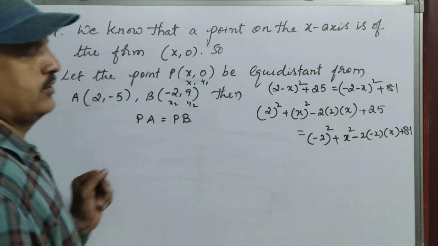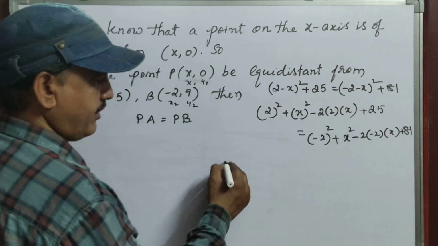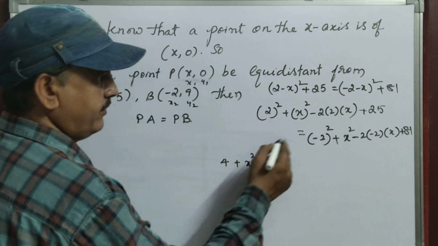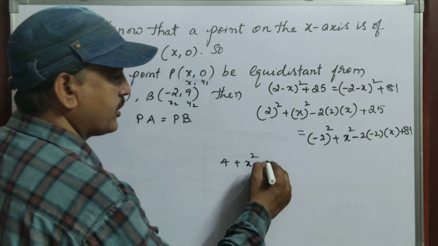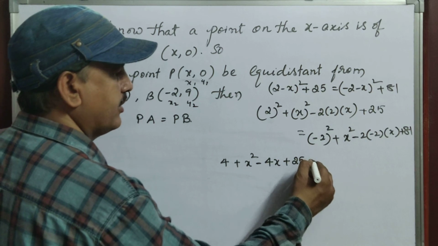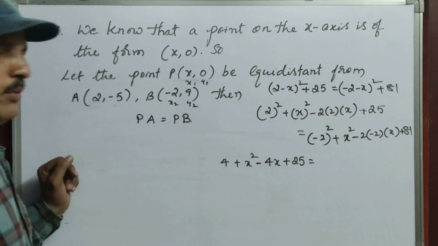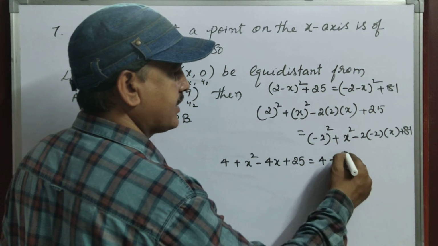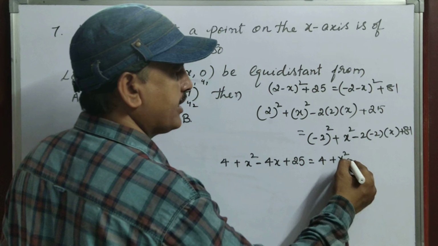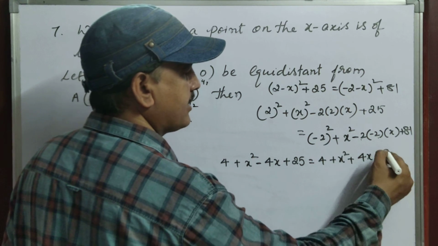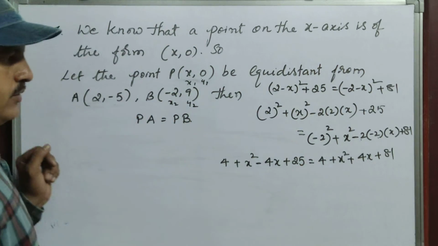So 2 square means 4, plus x square minus 2 twos are 4x, plus 25 equals minus 2 square means 4, plus x square, minus into minus plus, 2 twos are 4x, plus 81.